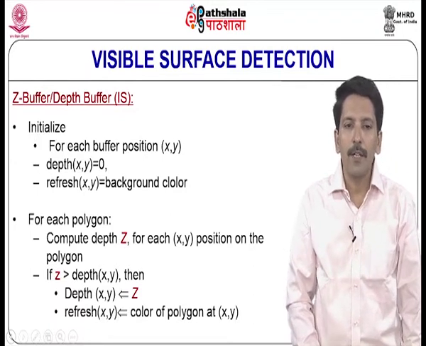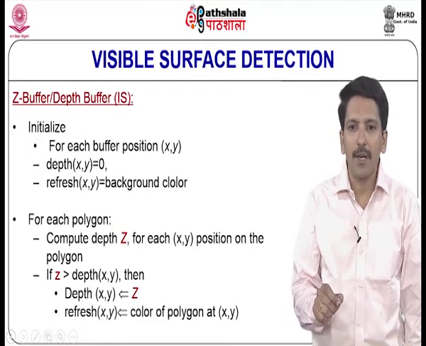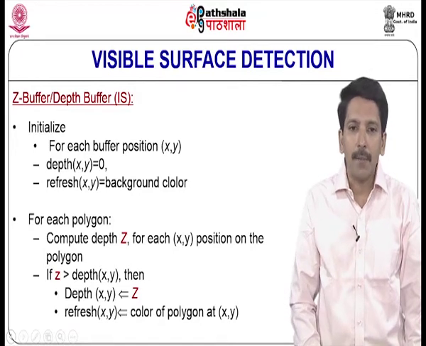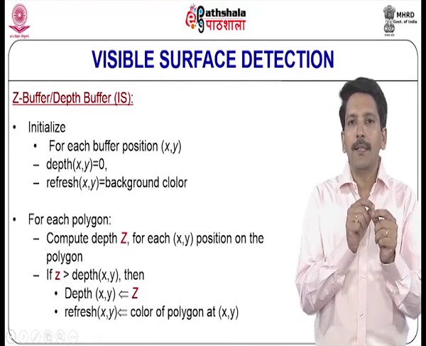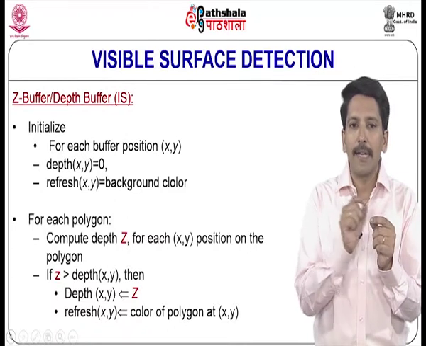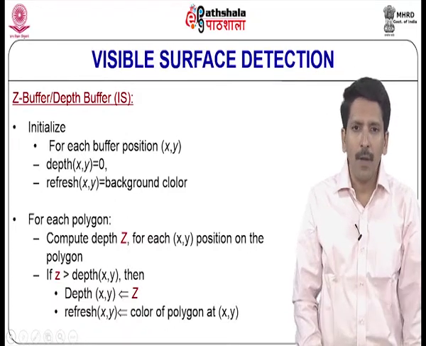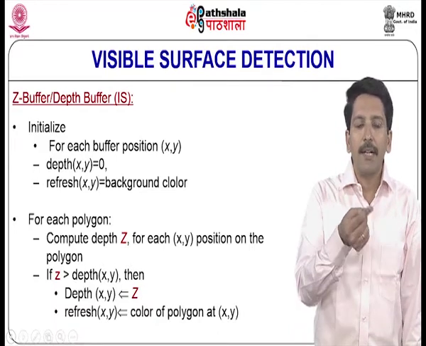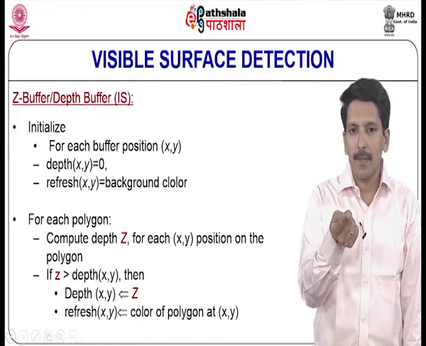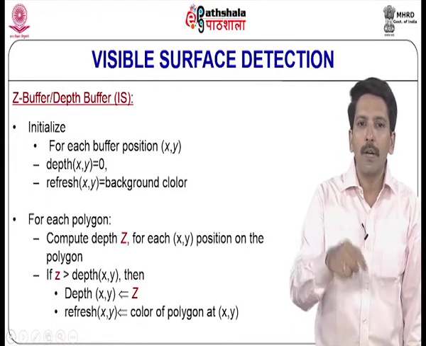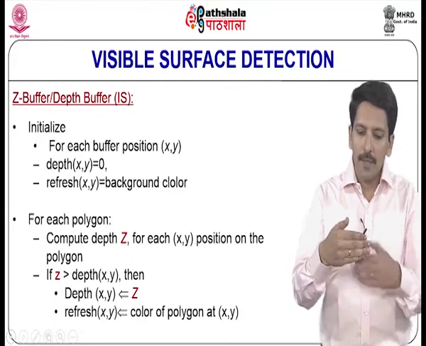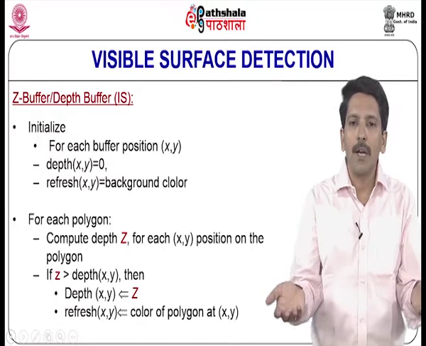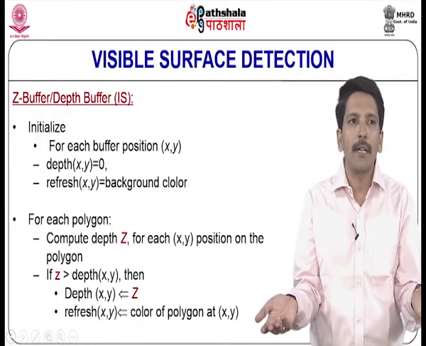So, for each polygon, do this processing, compute depth z for each xy position on the polygon. If z greater than depth x comma y, take each xy position and keep processing the entire thing. If the depth is greater than the previous position, so default depth is 0, and if it is greater, because we are in the negative z direction, the larger negative values are understood to be backward.